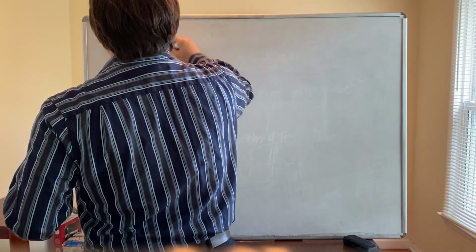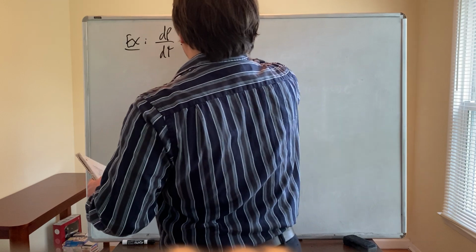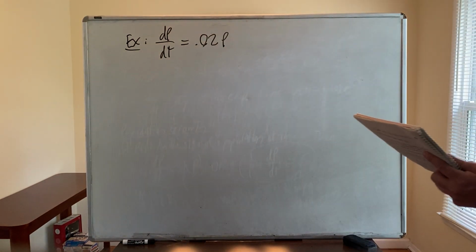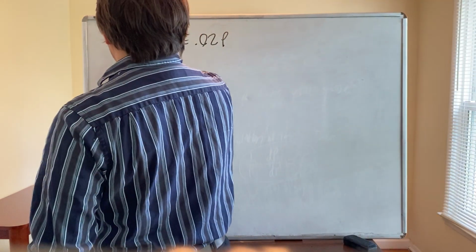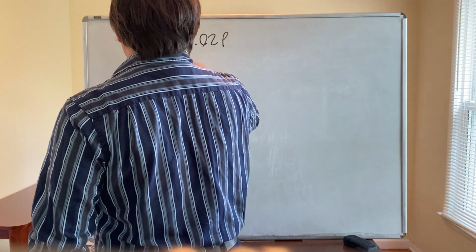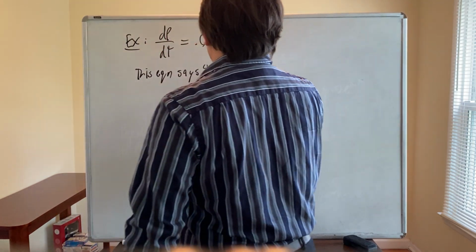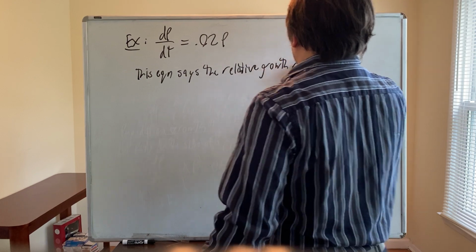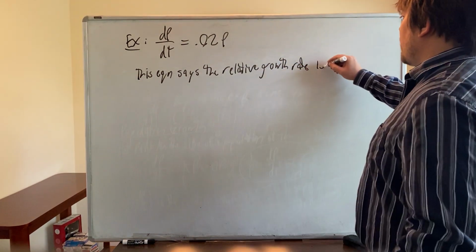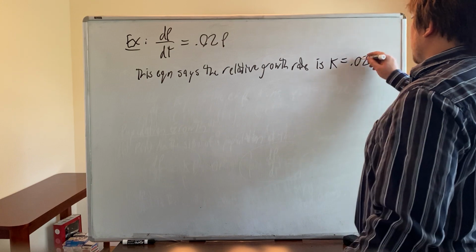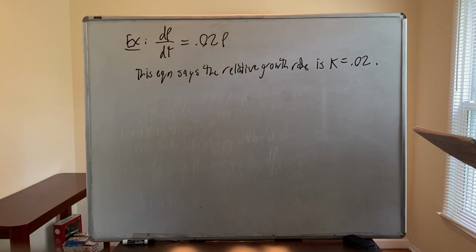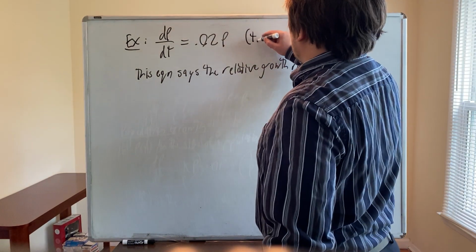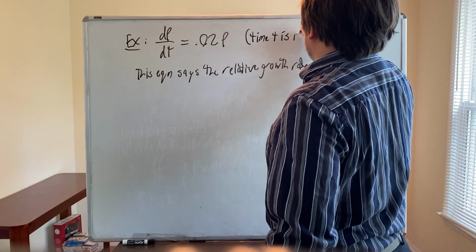Suppose dP dt is equal to 0.02P. What this equation says is that the relative growth rate is k equals 0.02. Here time t is in years.